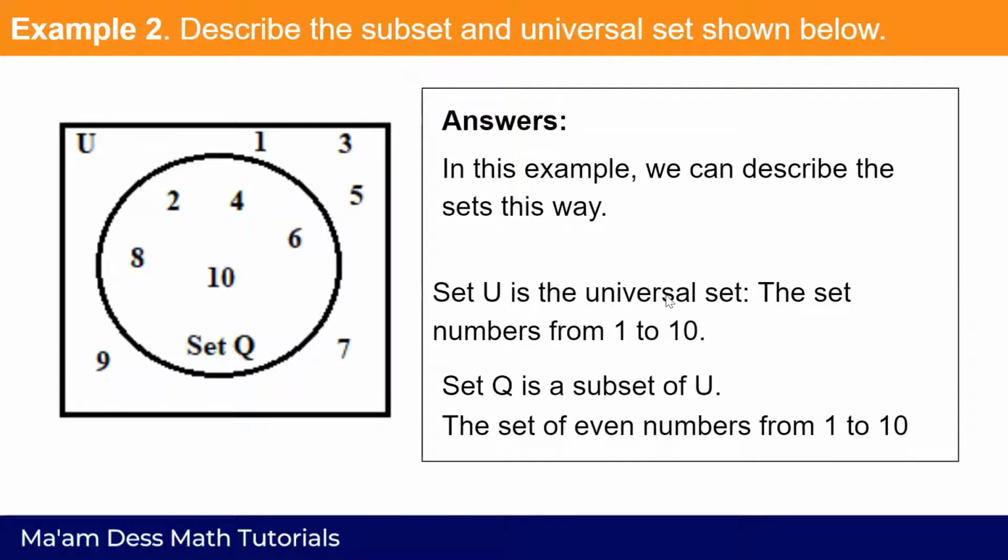Set U is the universal set, the set of numbers from 1 to 10. Set Q is a subset of U, the set of even numbers from 1 to 10. Okay, so set Q: 2, 4, 6, 8, 10. So, all of these numbers are even numbers.